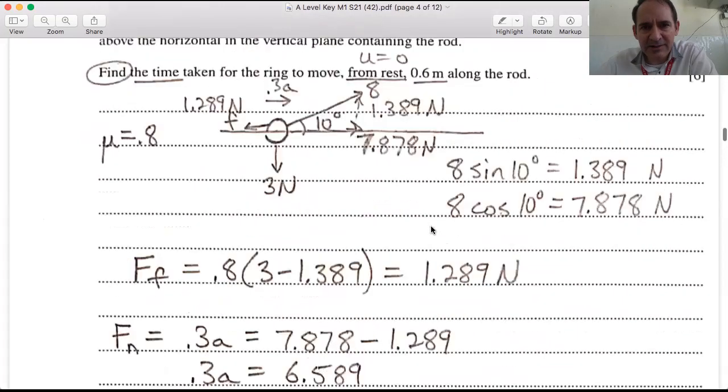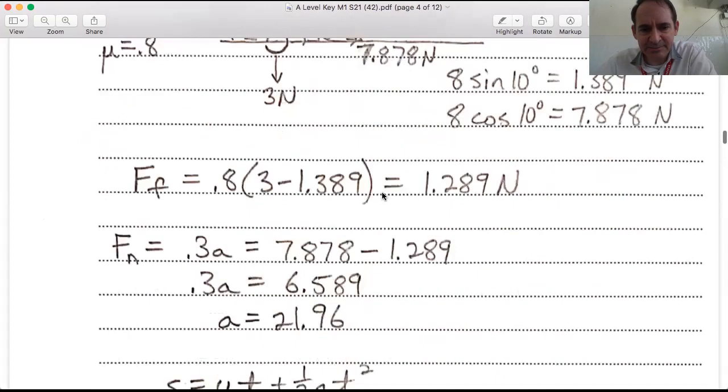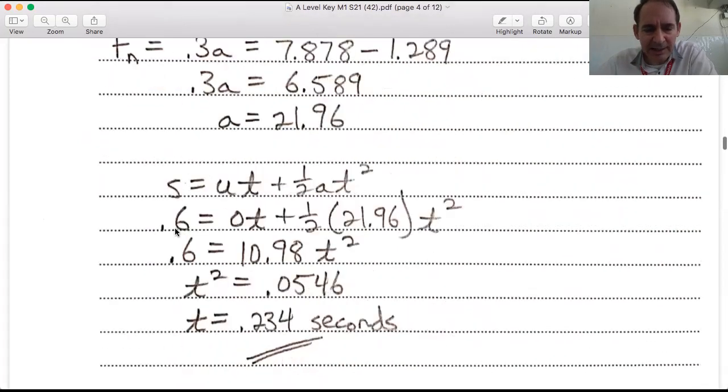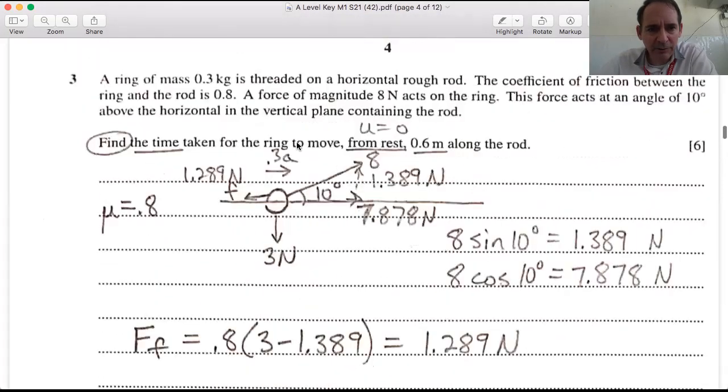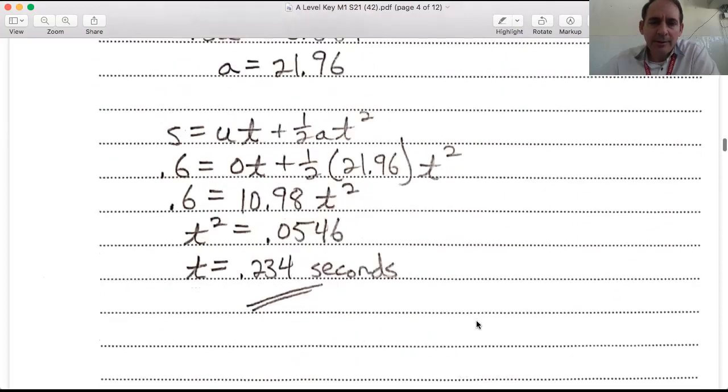Now we are given distance, 0.6 meters. So we're going to use a Suvat distance formula because we have acceleration and we're looking for the amount of time that's taken to move. So our distance is 0.6.